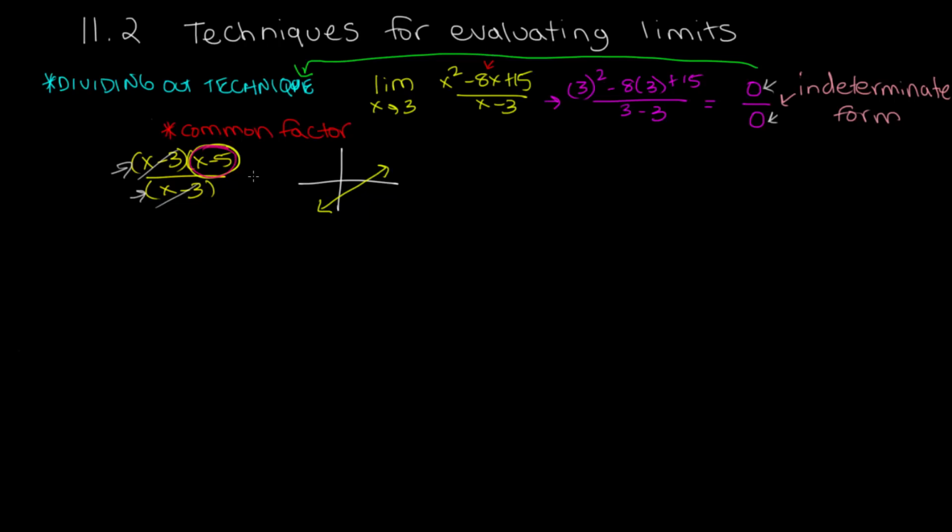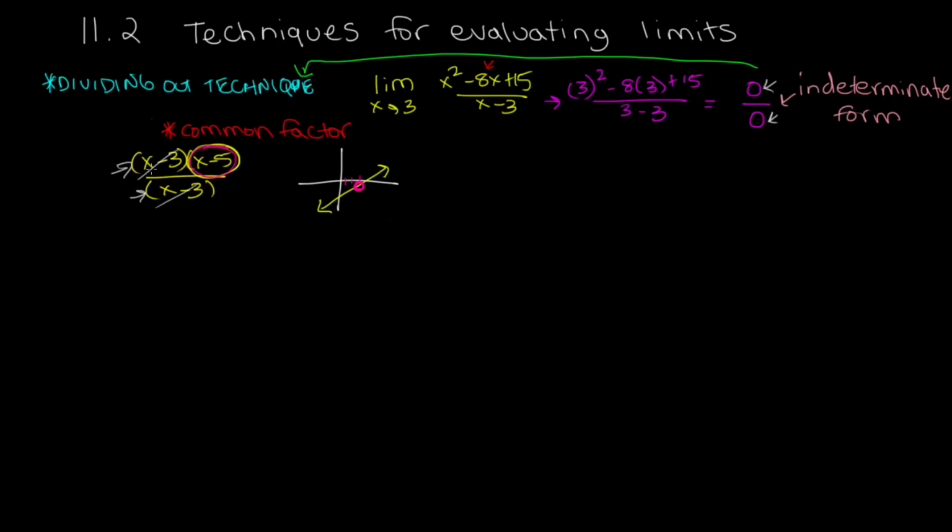We have a normal linear function x minus 5, except that at x equals 3, this value is going to be undefined. There is no value at this particular x value. The graph just stops and then starts again. So it's a linear function with the exception of a hole right here.